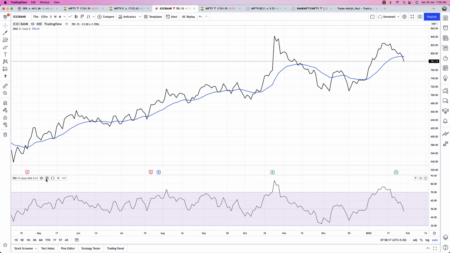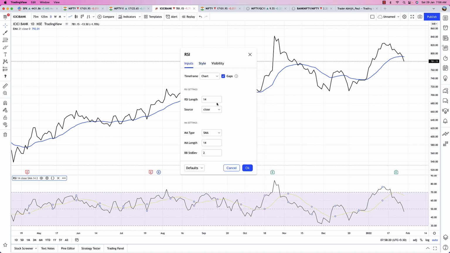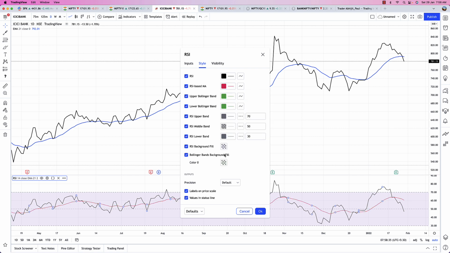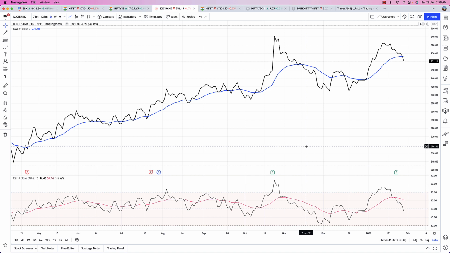Now if you go to the settings of RSI and choose EMA 21, and I don't know why they've chosen yellow with a purplish background, beats me completely, but let's just give it a little bit of aesthetic sense. If you plot the same exponential moving average on the RSI, you will notice that there is a leading indication. RSI will tend to break its own average before price does that. Not always, but most of the time.